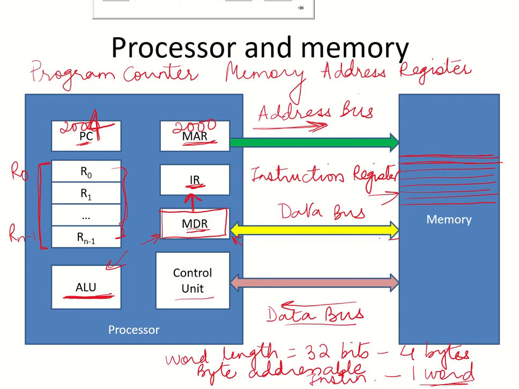All these operations are controlled by the control unit, and these control signals are sent via the control bus. So I hope you have understood the basic operations and the interactions between a processor and a memory.